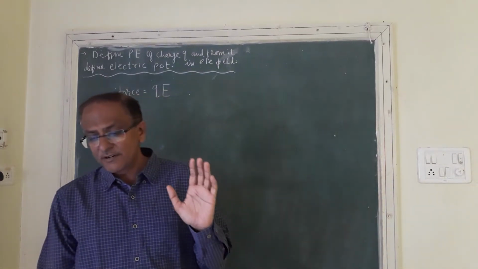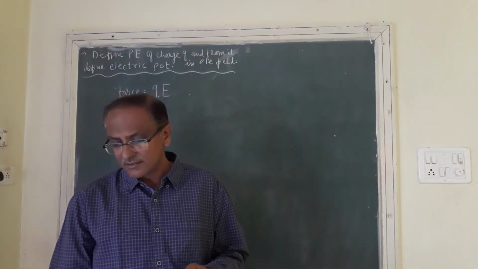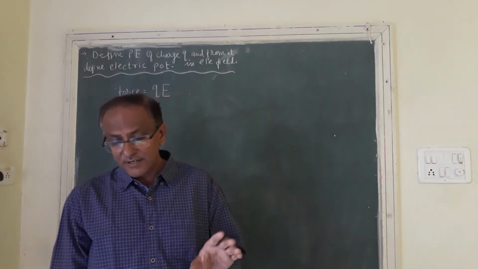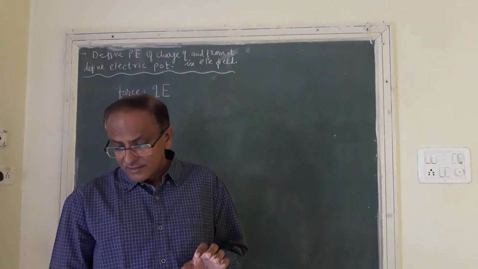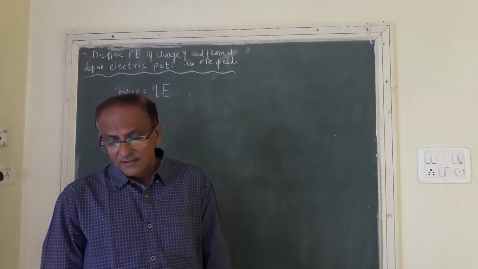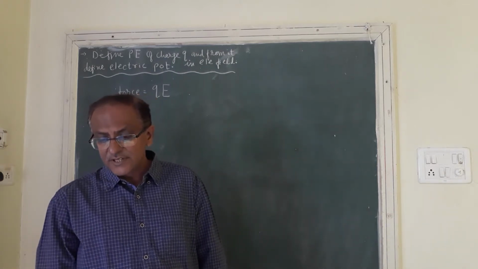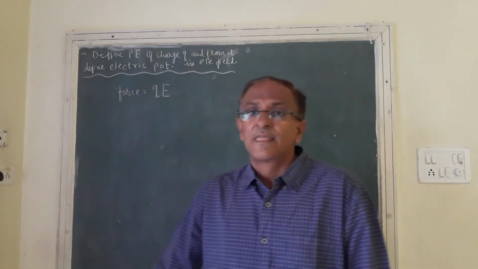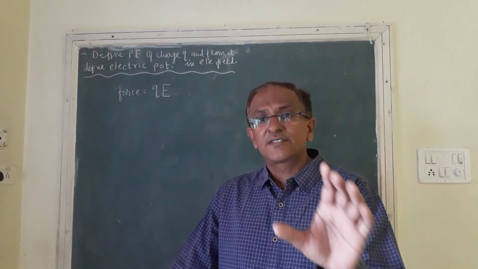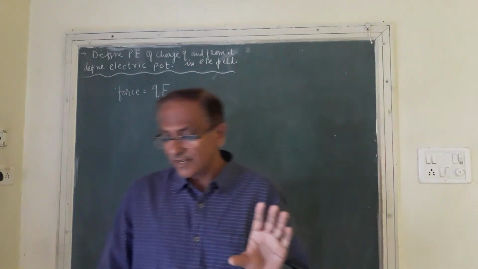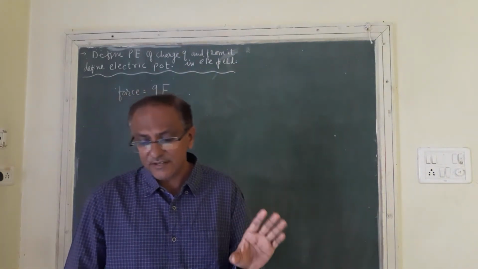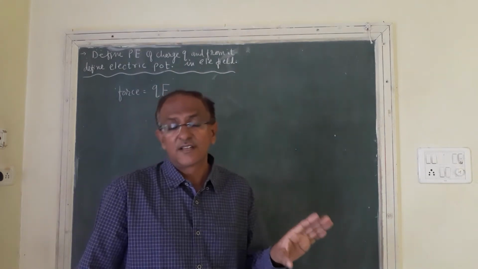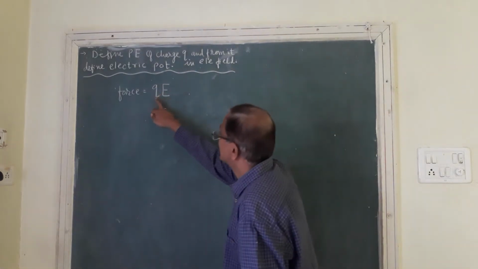So work done per unit test charge is giving you the idea of electrostatic potential. Work done per unit test charge is nothing but the electric potential at that particular point. And this electric potential is independent of this charge Q.